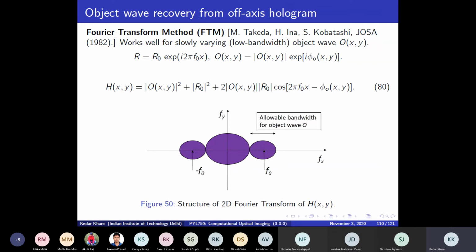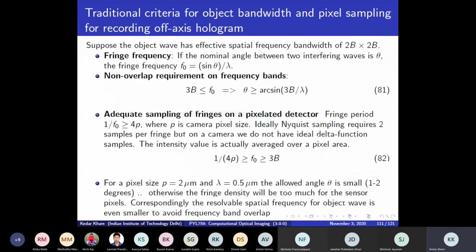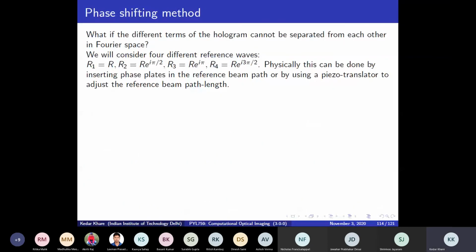Meaning, here the band structure of the hologram was this way because my fringes were straight line fringes. But you could have a case like Newton's rings, where the fringes are actually circular, and if you have circular fringes, then the Fourier structure of the hologram does not have this nice form. You can't just separate out one term and things like that. And so how would you otherwise find the field?